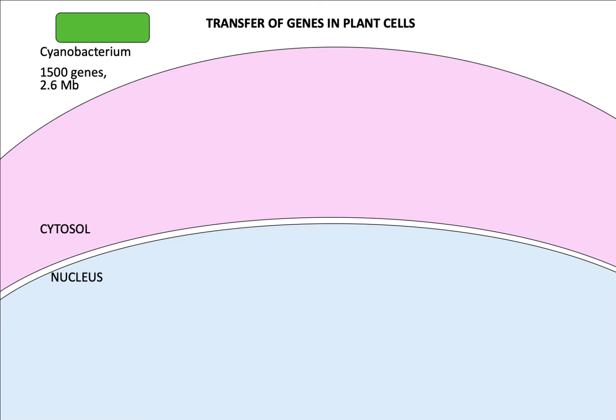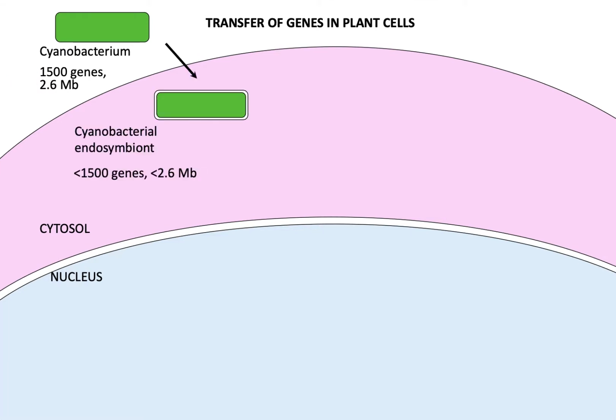The cyanobacterium would have had somewhere around 2.5 million base pairs of DNA and 1,500 genes that it could bring into this cell. At some point in time, it became enveloped by the protist cell and started losing genes and losing DNA.